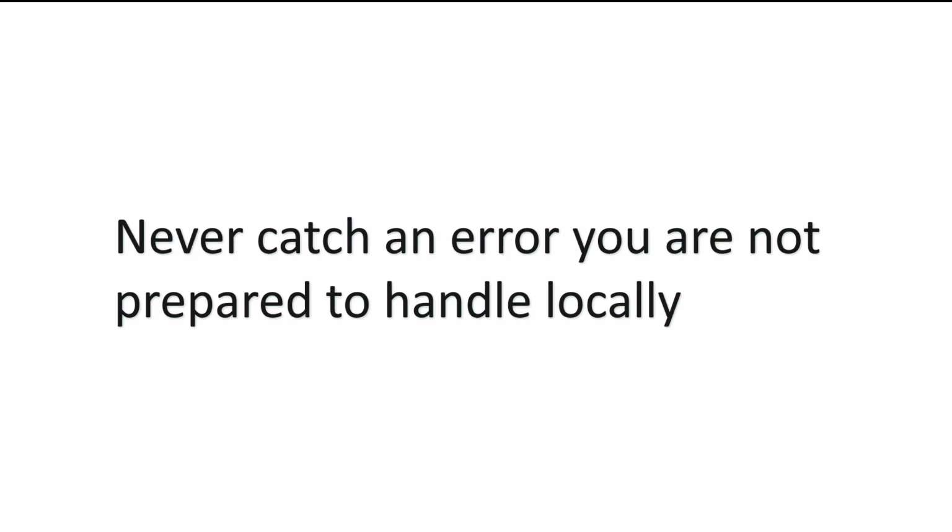If I don't like your arguments, I'm going to throw these exceptions. And if I don't like your configuration, I'm going to throw those exceptions. And have that as part of the code to make your code self-documenting so it shows up in IntelliSense, so that consumers of your library classes, your APIs, have a behavior, and you want that behavior to be consistent. So the first rule is never catch an error you're not prepared to handle locally.